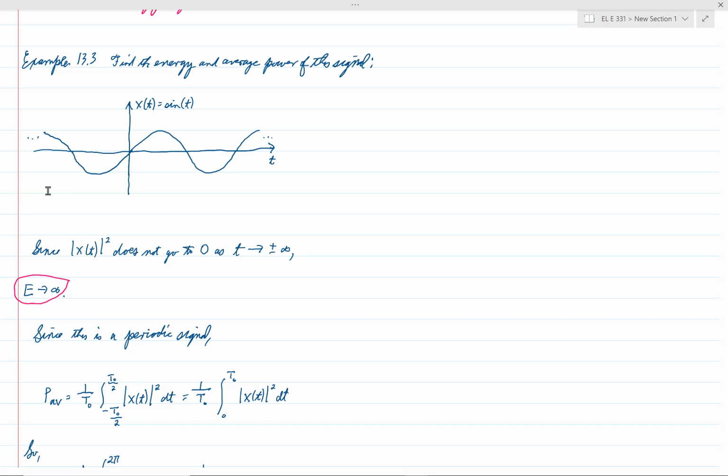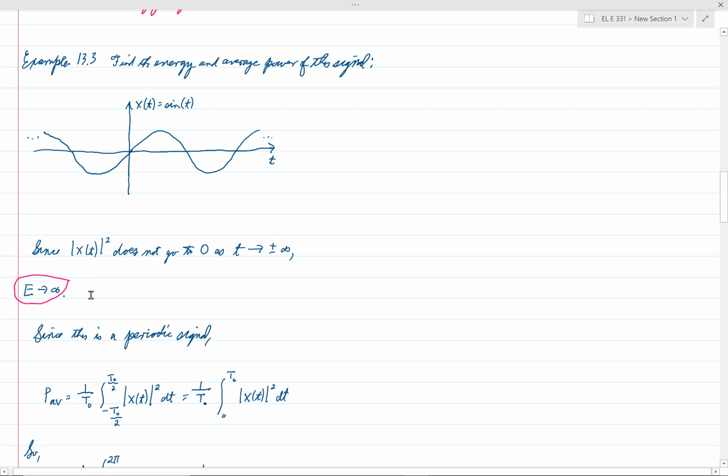Now, because of that, the magnitude squared of this function does not go to 0 as t goes to plus and minus infinity. And since that is the case, E goes to infinity here. So this is not an energy signal.